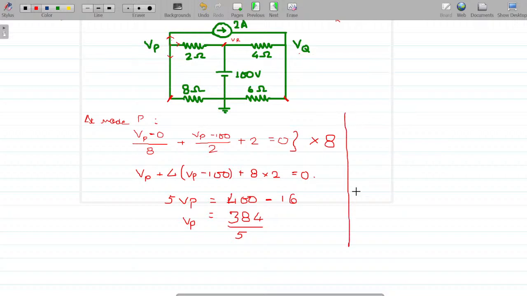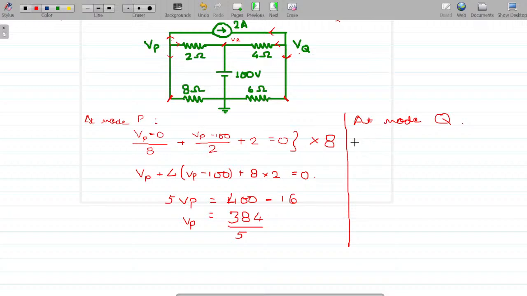Now similarly at node Q, tell me at node Q. Assuming again all currents to be outgoing, we are simply applying KCL here. Now tell me what would be the current for the 6 ohm resistor?